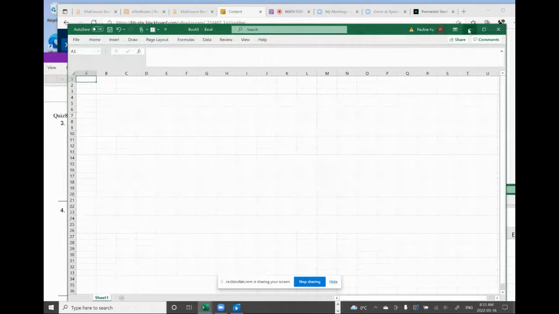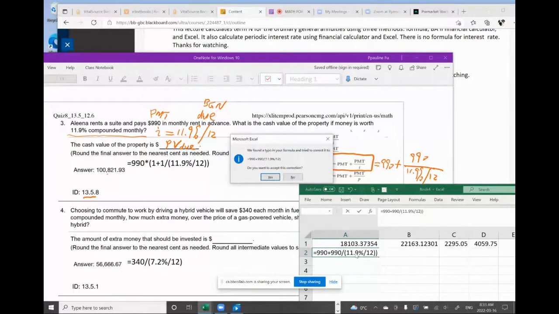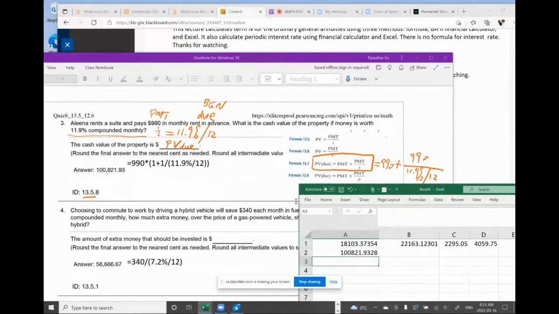So equal 990 plus 990 divided by bracket 11.9% over 12. Okay. So this is the number.